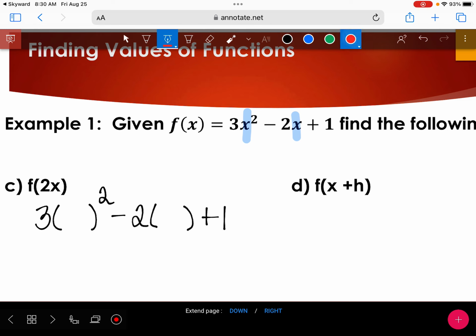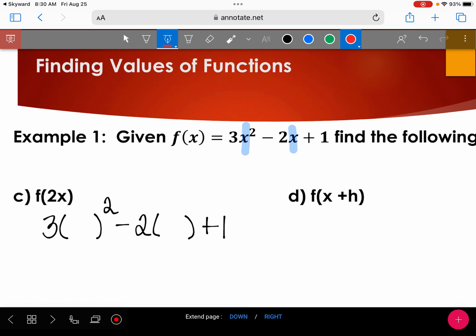All right, so we're going to put a 2x in this time. And again, we're following our order of operations. So first we square. What is 2x squared? 2x times 2x. 4x squared, good.